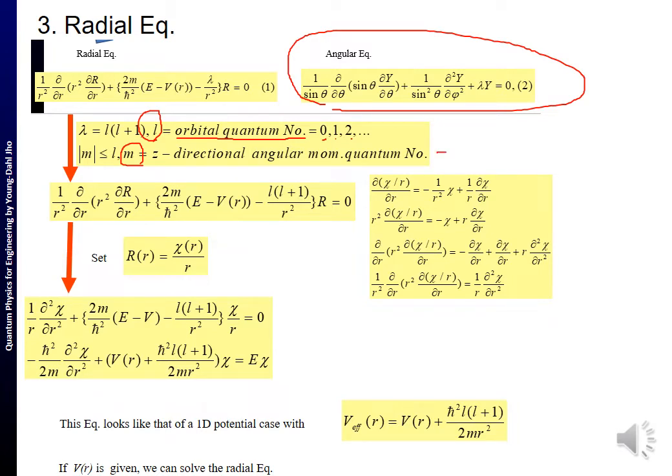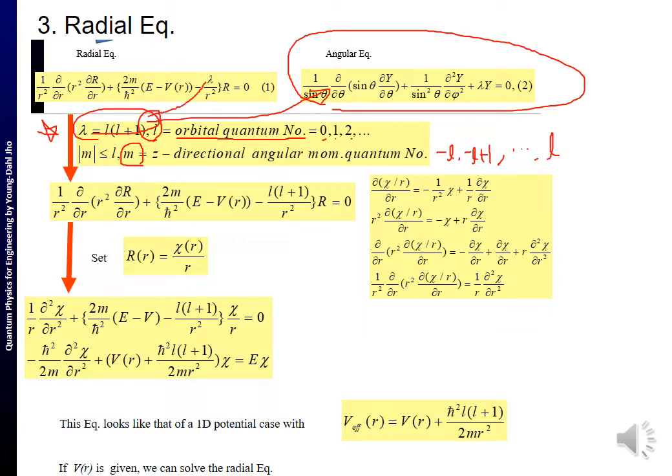It could be minus L, minus L plus 1, and then goes up to L. And lambda, for this angular equation to have any solution, should be the same as L plus 1. Those are important results. So if you can understand this, then it's good enough.